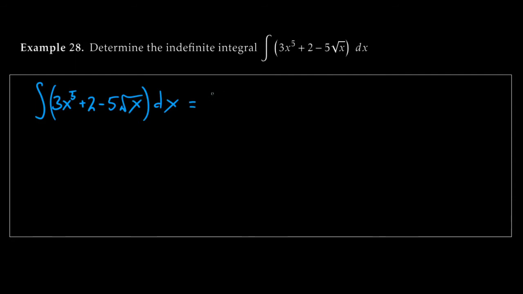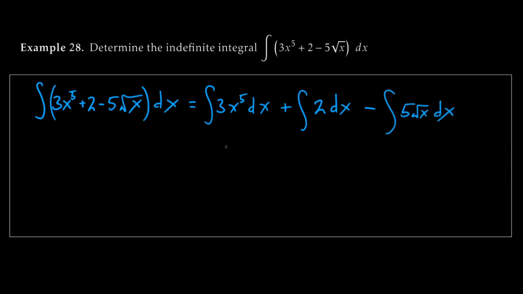That is, I'll break this into 3 smaller integrals: the indefinite integral of 3 times x to the fifth dx, plus the indefinite integral of 2 dx, minus the indefinite integral of 5 times the square root of x dx.